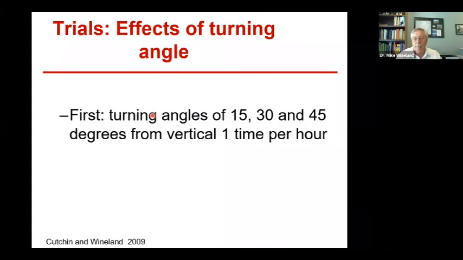Okay. Then I want to talk a little bit about another trial that Heather had run. And in this trial, she had turned eggs at either 15 degrees from vertical, 30 degrees from vertical, or 45 degrees from vertical. And she did it just one time per hour. Okay.